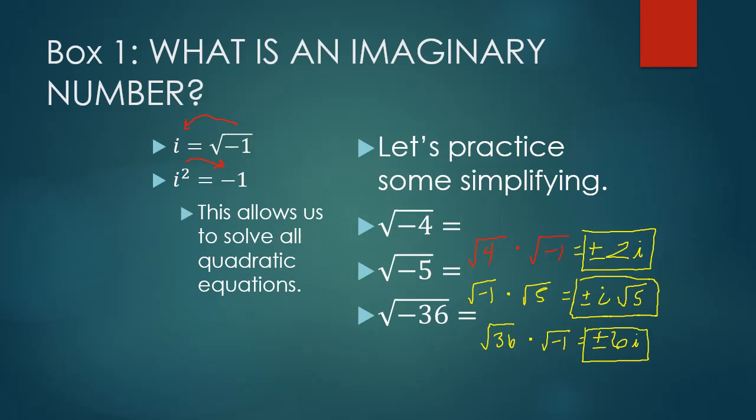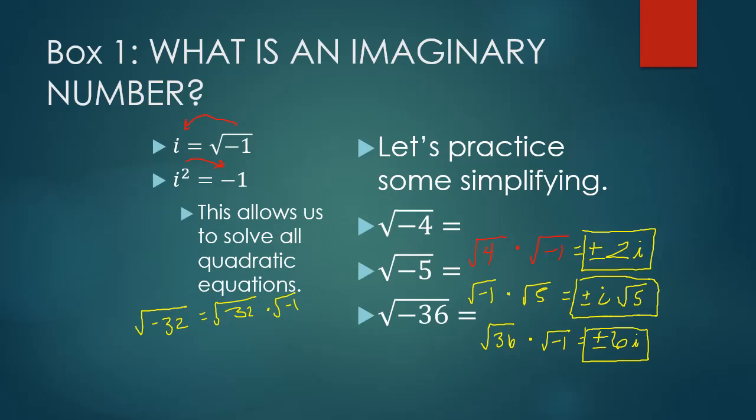I'm missing an example, so we're going to do it anyway. If I have the square root of negative 32, and I separate my positive and my negative, does 32 factor perfectly? No, we've done this before, right?